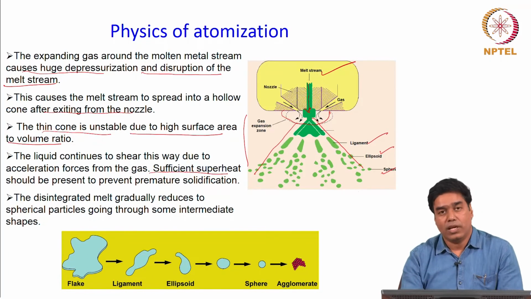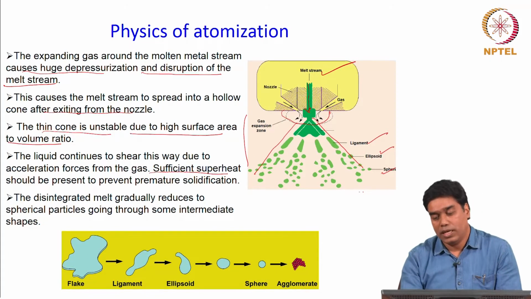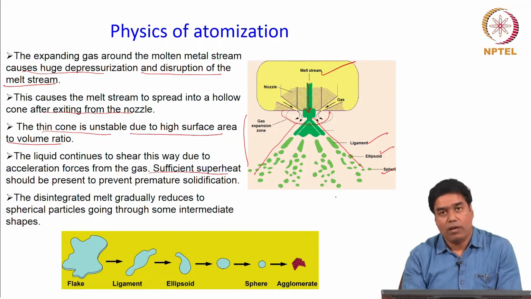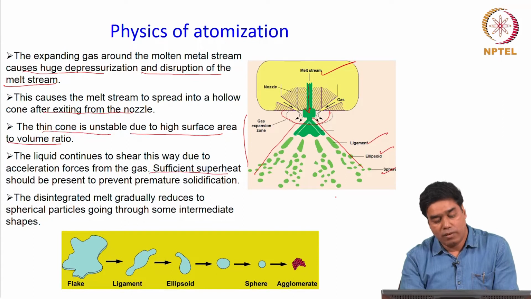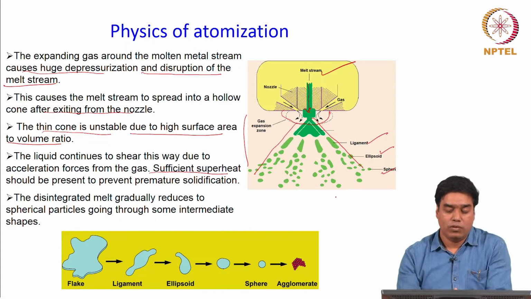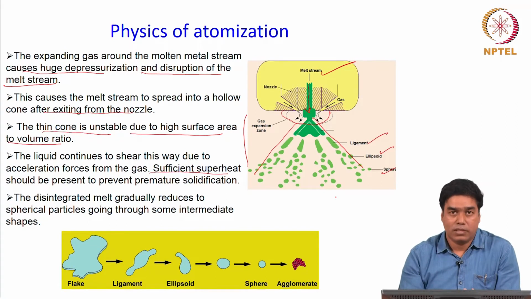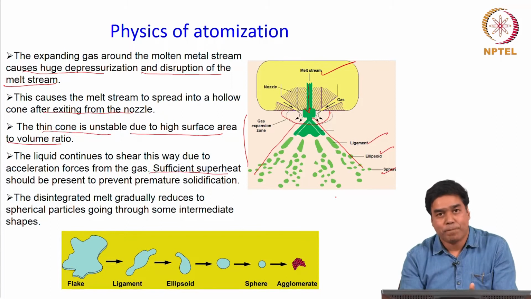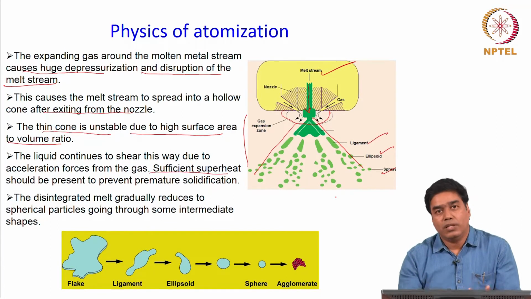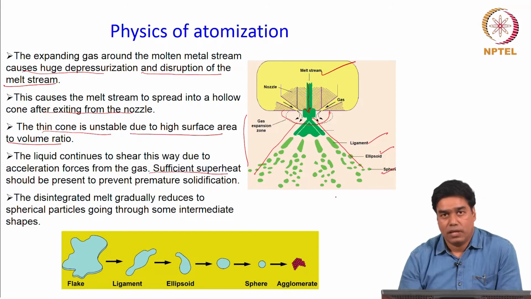Therefore, we need to make sure that during this whole process, starting from the thin sheet of the liquid stream and going all the way to this spherical shape through some intermediate stages, it has to be in liquid state.